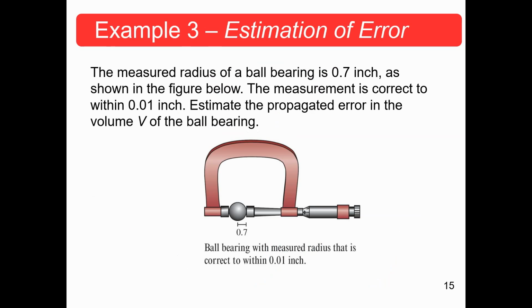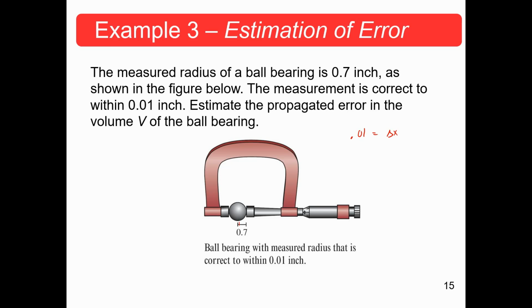So for instance, we have a small ball bearing, and it's measured at 0.7 inch. The radius is 0.7 inches, and that measurement is correct to within 0.01 inches. So 0.01 is our delta x, right?